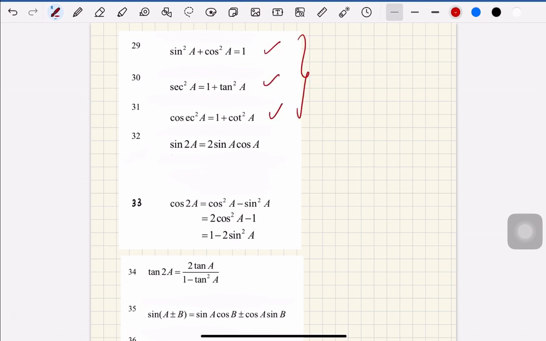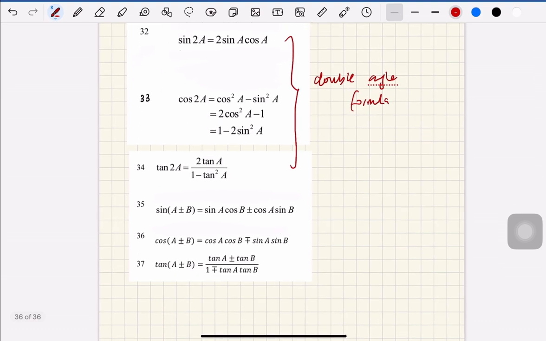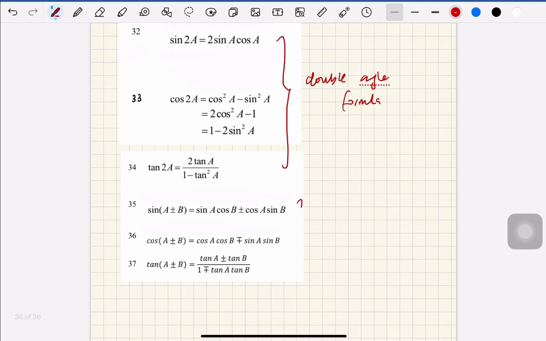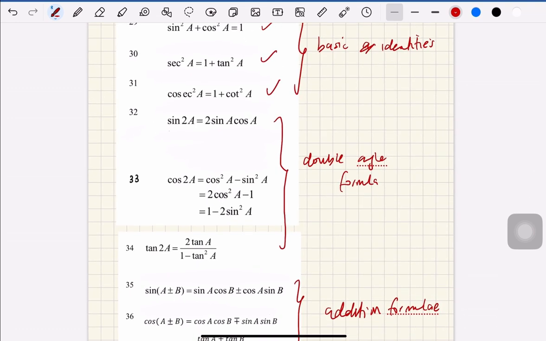Then 32 until 34 is your double angle formula, and the rest, 35 until 37, is your addition or subtraction formula, because I have the plus minus here. These are provided, meaning you don't need to memorize them.